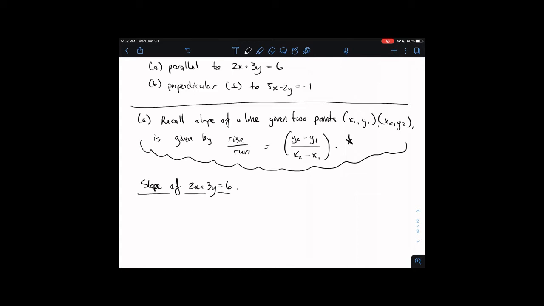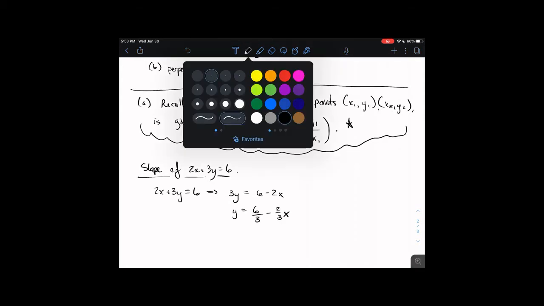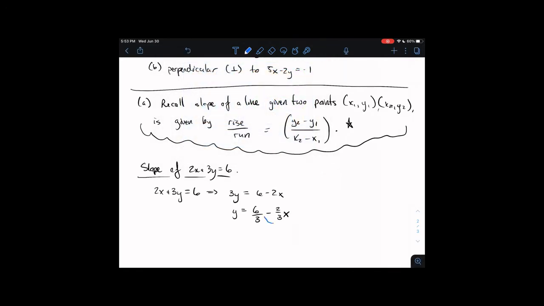We do it the exact same way as in the last problem, which is put this into slope-intercept form and then figure out what number is in front of the x. So again, we start here: 2x plus 3y equals 6. I'm going to subtract 2x from each side. 3y equals 6 minus 2x. And then I'll divide by 3. y equals 6/3 minus 2/3 x. I could simplify that 6/3 if I want, but it doesn't matter because the only thing I'm after is this negative 2/3.